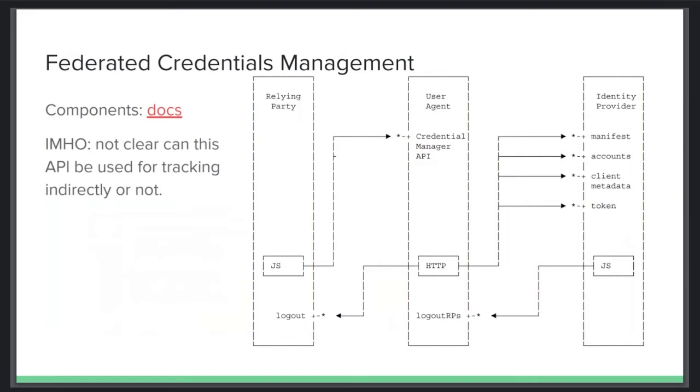The last project is probably the most complicated one from an implementation perspective, as I can see. It's called Federated Credentials Management, but from a security perspective, also not so many concerns here. What this project allows is for websites to request authentication from a third party.